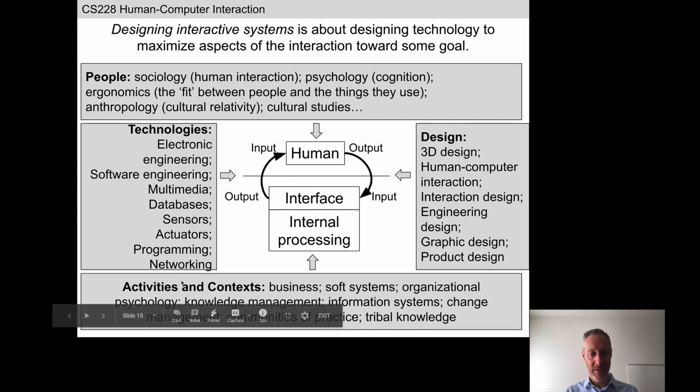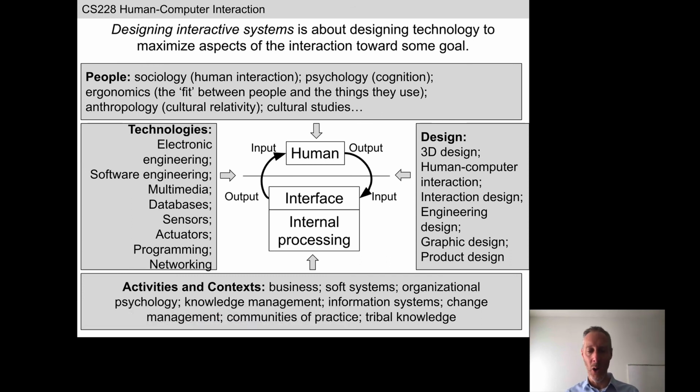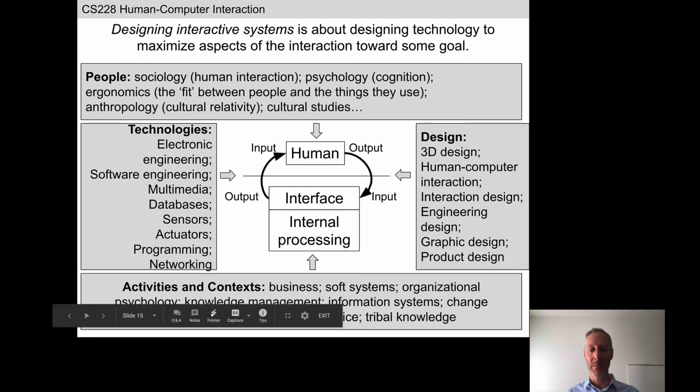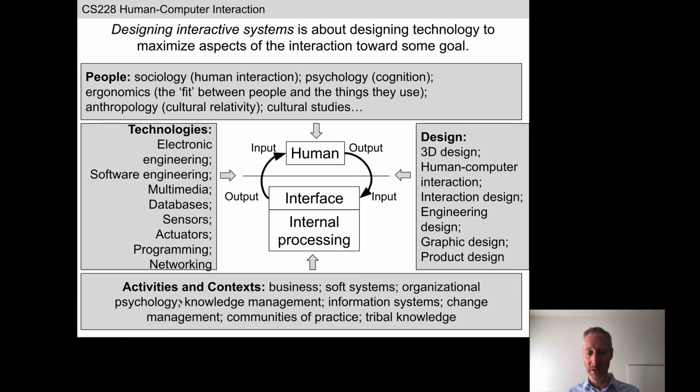We got 1 minute left, so let's finish with activities and contexts. We're not just thinking about people, but we're thinking about what people do. And we're going to really focus on things that people do, although they're not aware that they're doing it. So soft systems are things like businesses or universities. Inside organizations, like organizational psychology, a lot of the way in which it works is unwritten.